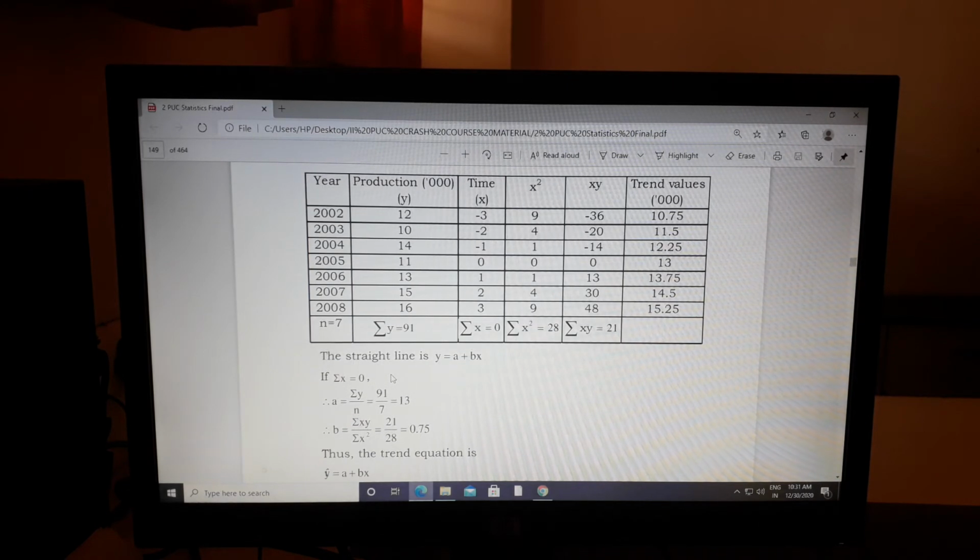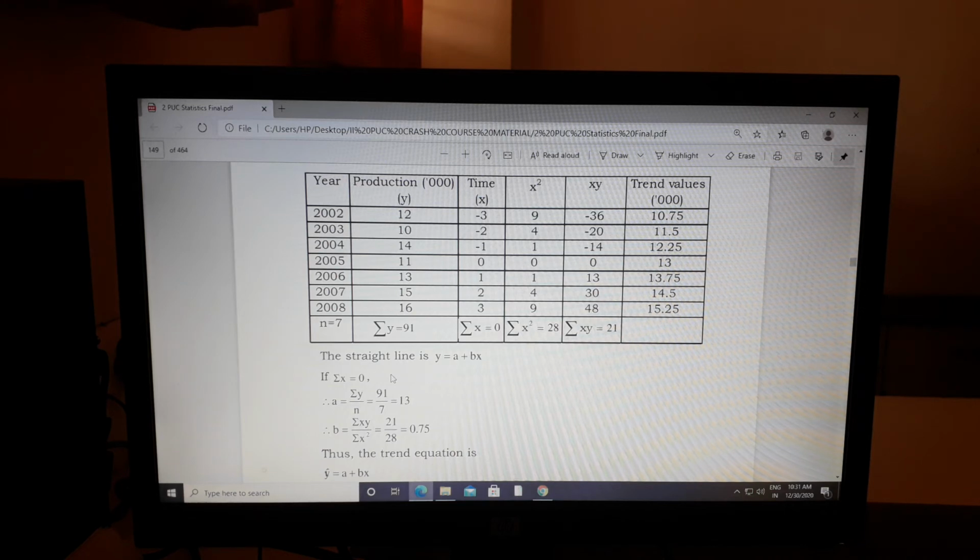Now time points, mainly how it has to be calculated is, which is the first year? 2002. And what is the middlemost year? 2005. The sum of deviations from actual value of x and the middlemost value, what is it? 2002 minus 2005. How much it will be?